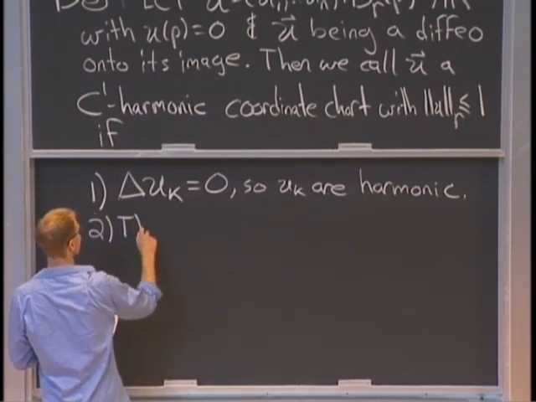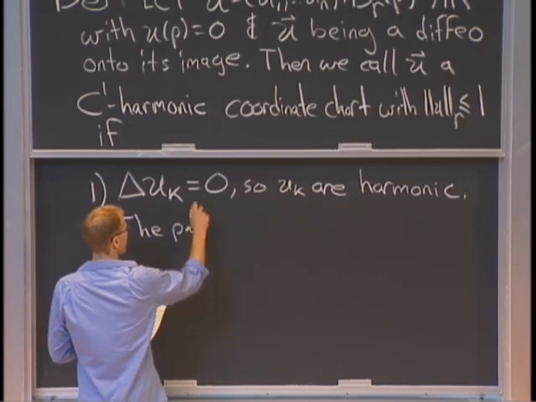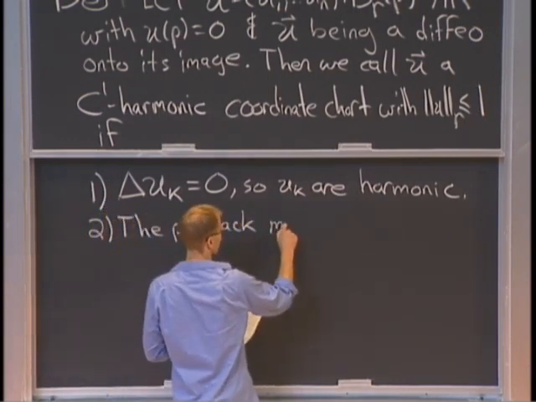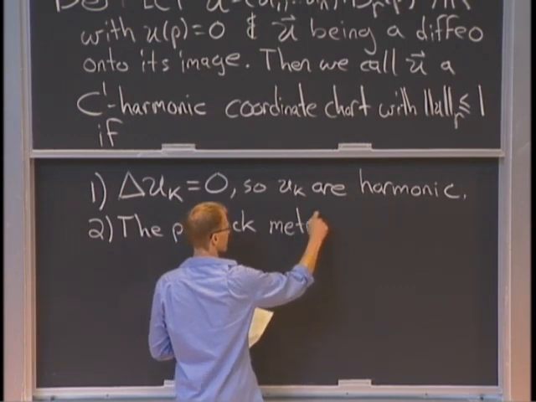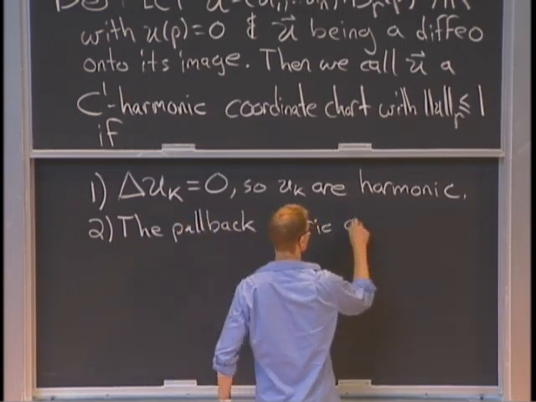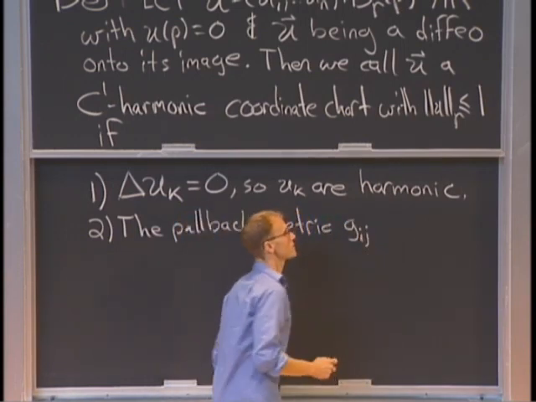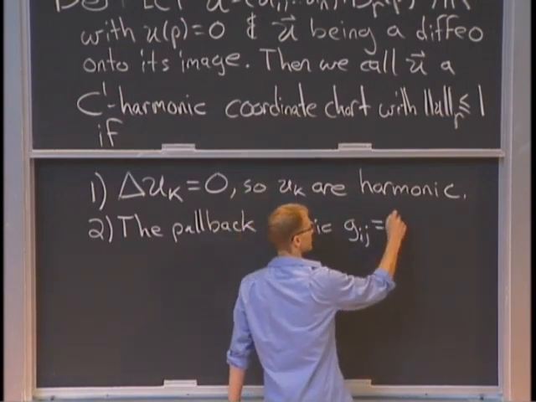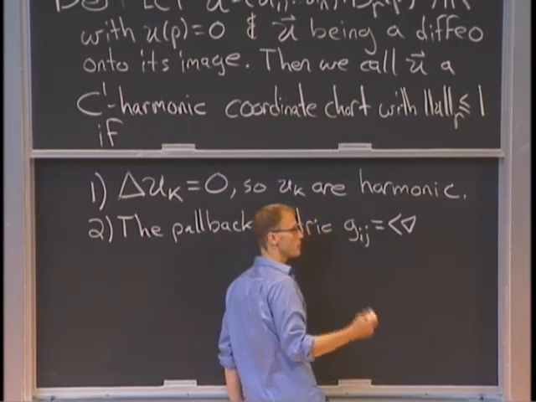Second, the pullback metric gij, on Rn now, is a function on Rn, given the same way any pullback metric is given.